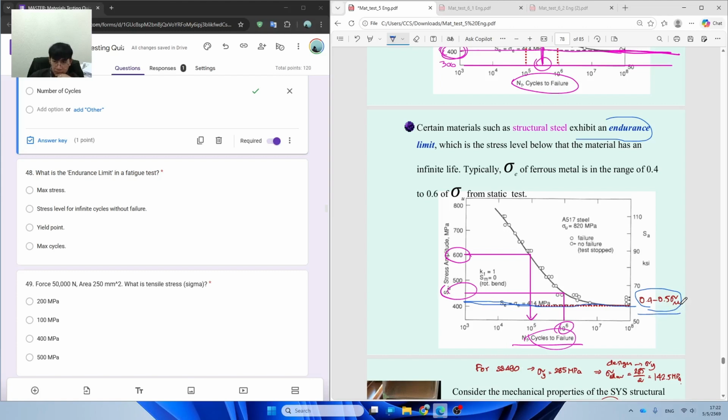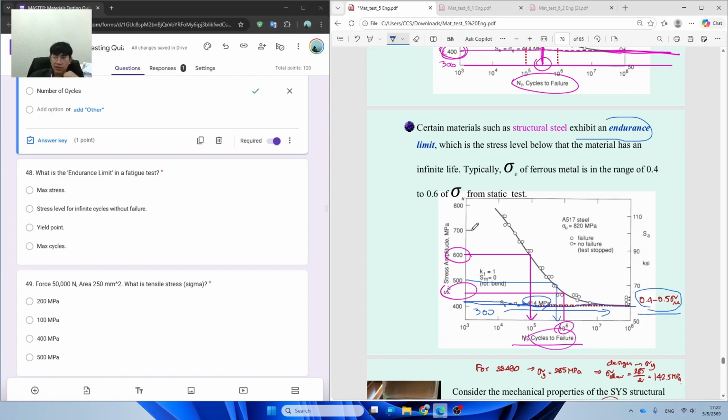If 0.4 of the ultimate stress is about 414 megapascal, as shown in these figures, and I apply a stress of about 300 megapascal, this material never fails in the fatigue test. But if I increase it to 500, of course it's going to fail when it reaches a cycle of almost a million times.